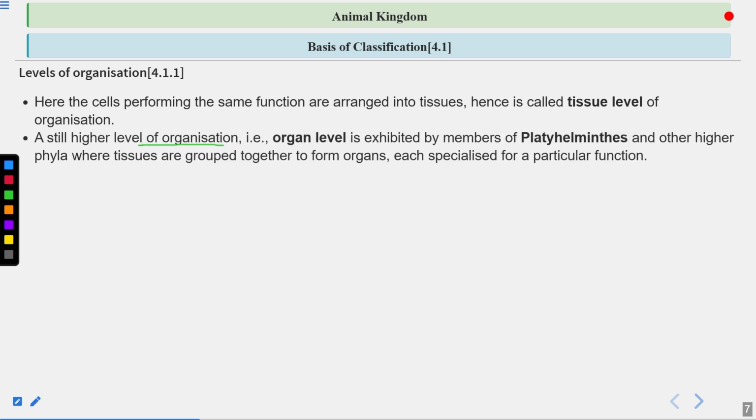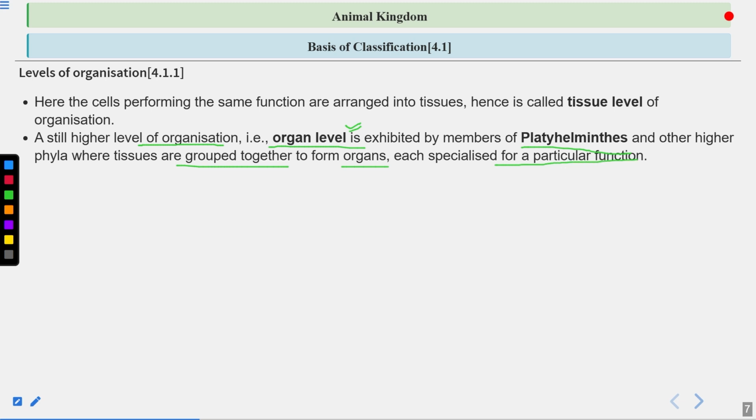Now, we also have a higher level of organization, that is the organ level. Many tissues unite together to form the organ, right? So in the case of the next phylum, Platyhelminthes and other higher phyla, the tissues are grouped together to form organs, and each is specialized for a particular function.